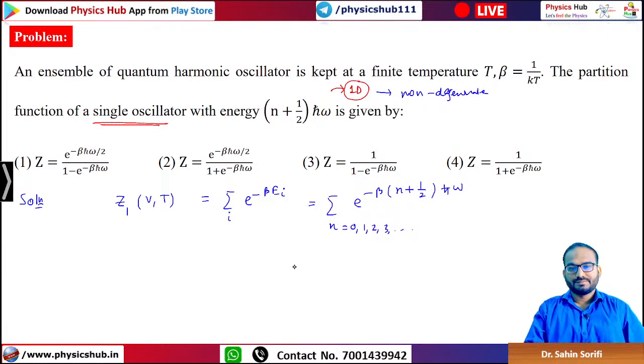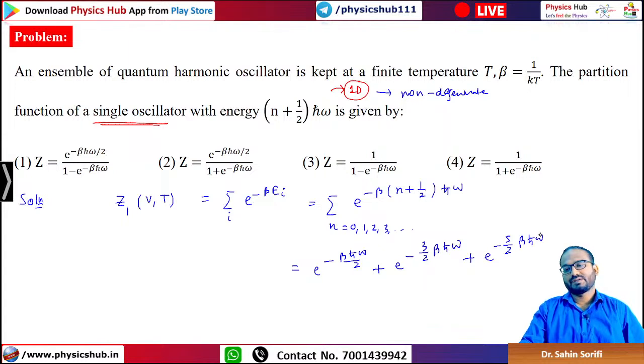So you see, if you put n equals 0, it becomes e to the power minus beta h cut omega by 2. If you put n equals 1, e to the power minus 3 by 2 beta h cut omega. If you put n equals 2, 5 by 2 beta h cut omega, then 7 by 2 and so on.